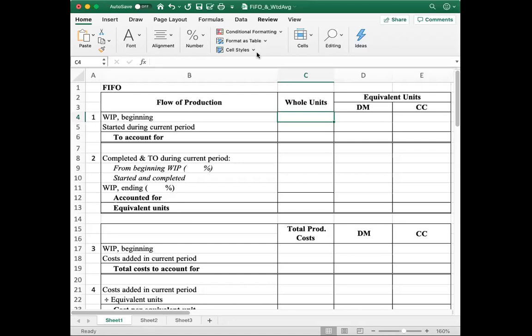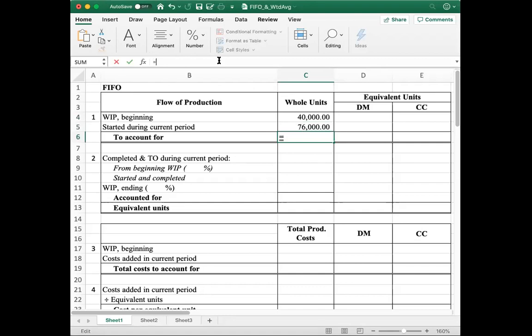Okay, so we'll start with the beginning working process inventory. How many units do we have in the beginning working process inventory? We have 40,000 units in our beginning working process. And then how many units did we start during the period? We started 76,000 units as stated in the problem. So the sum of this, we are in C4 and C5.